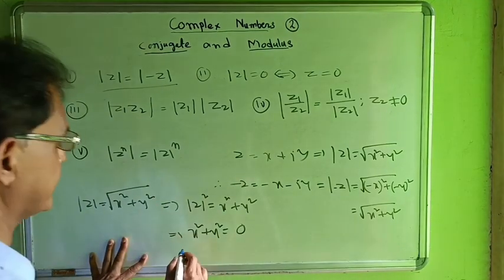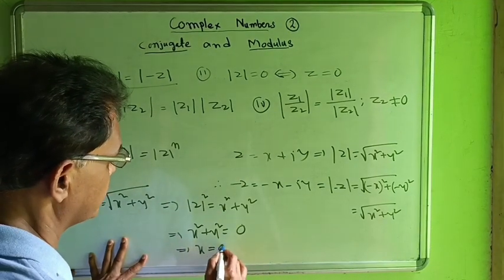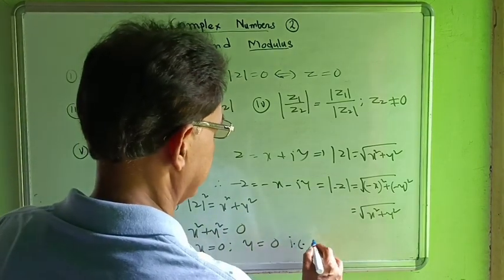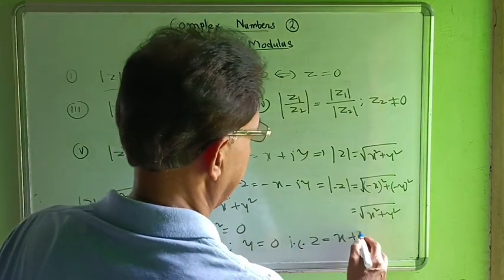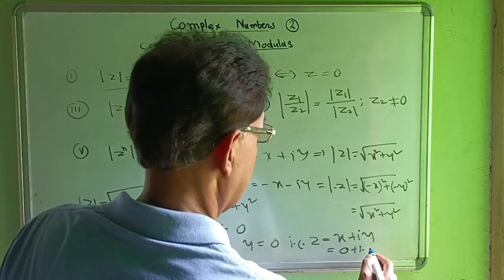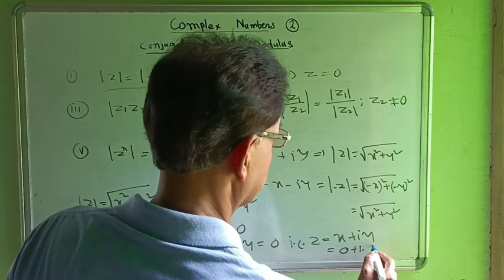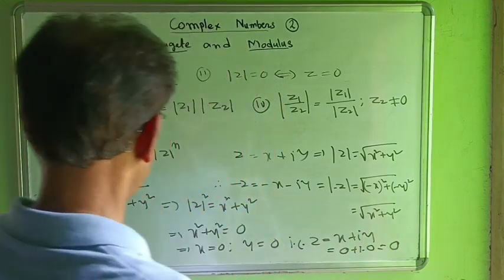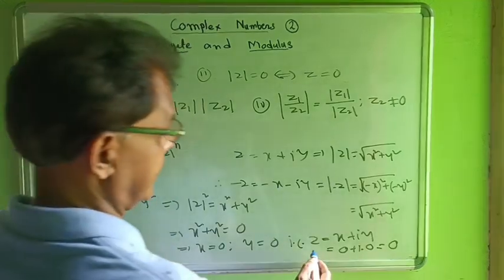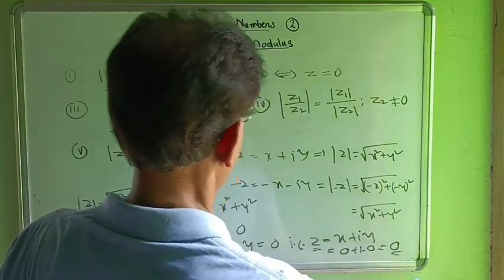This is only possible when x equals 0 and y equals 0. That means z equals x plus iy equals 0 plus i into 0, that means 0. So if mod z equals 0, we can say z equals 0.